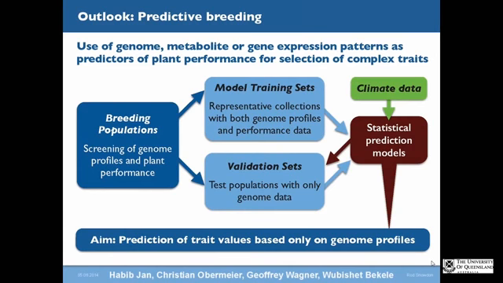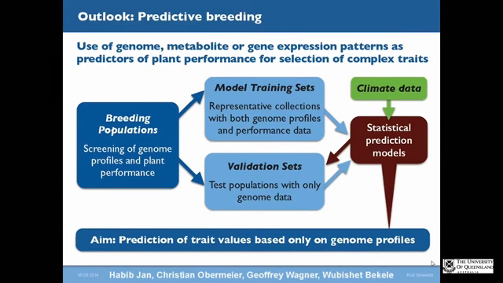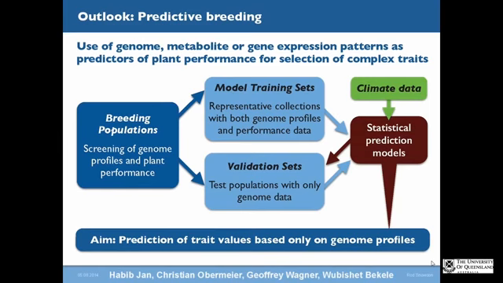We're collecting an awful lot of data from many different perspectives, many different levels of data, which is somehow related to these complex traits that the breeders are interested in. And we think that all of these different kinds of data will help us to somehow model performance in order to develop prediction models that we can then apply in really commercial breeding programs.